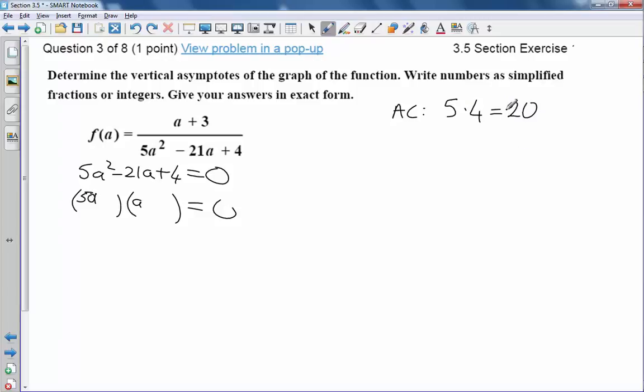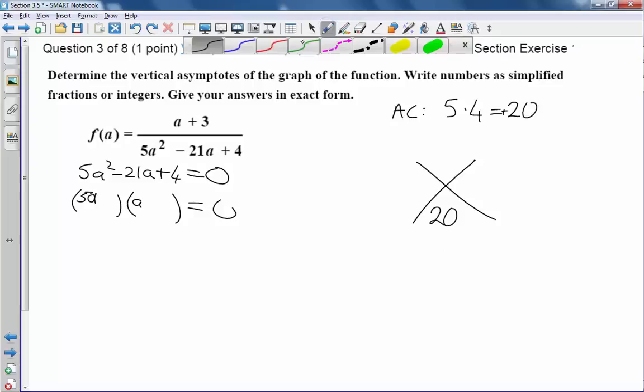You get positive 20, sign matters. And then you put 20 here, and you now take the middle number, minus 21, here. You need to find two numbers multiplying into 20, adding to minus 21. What two numbers are they?